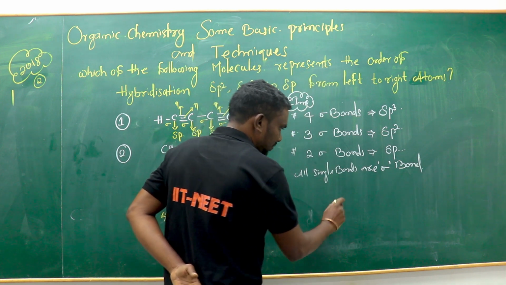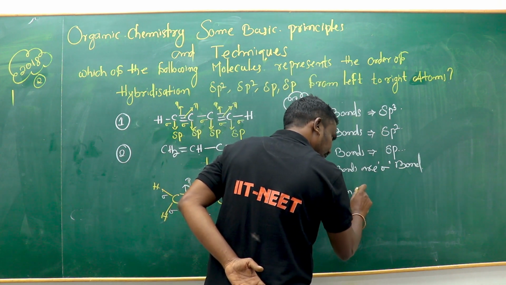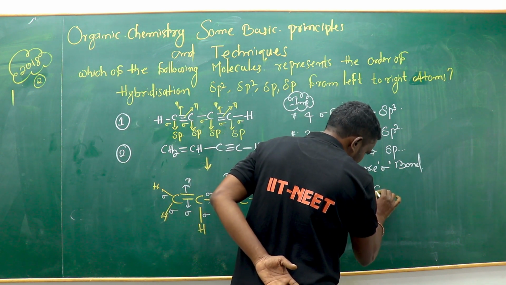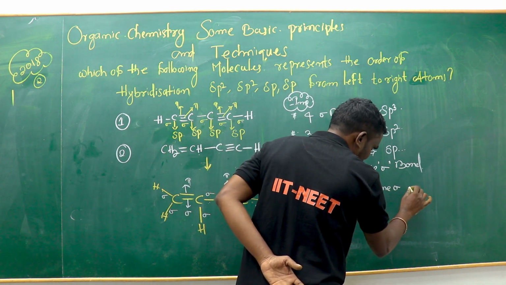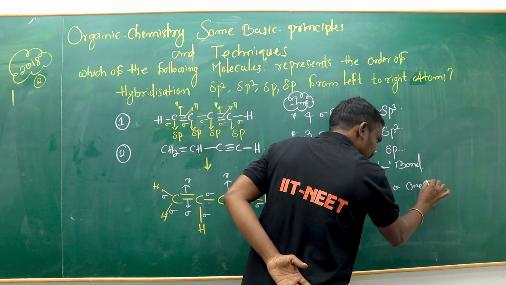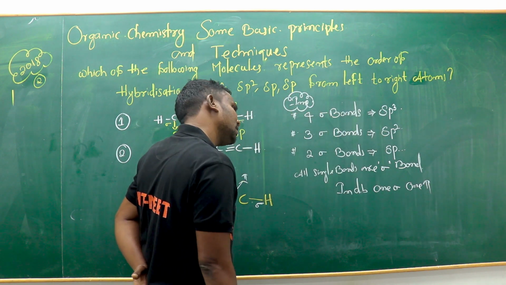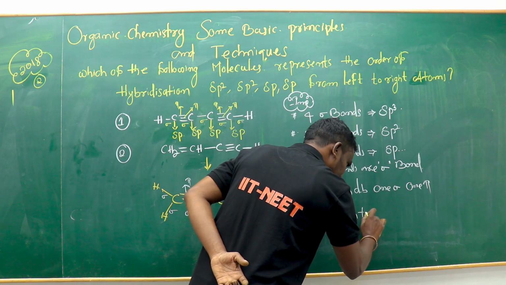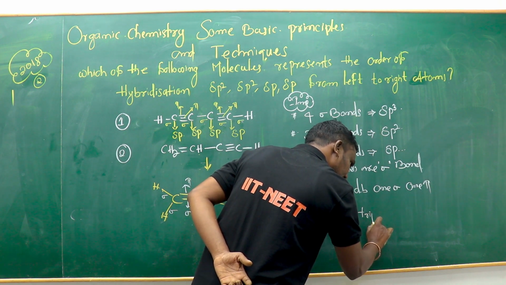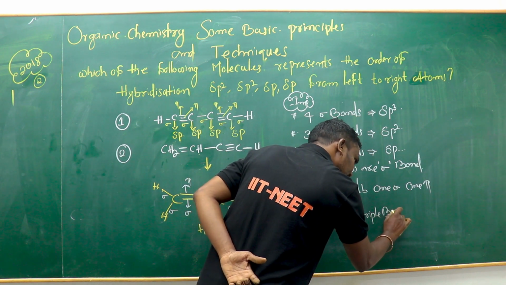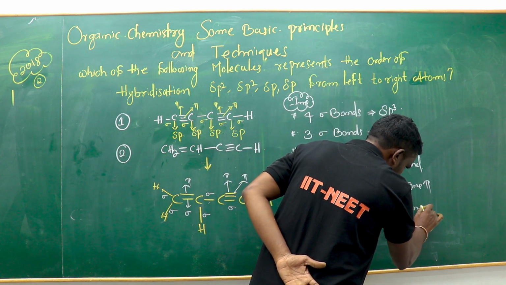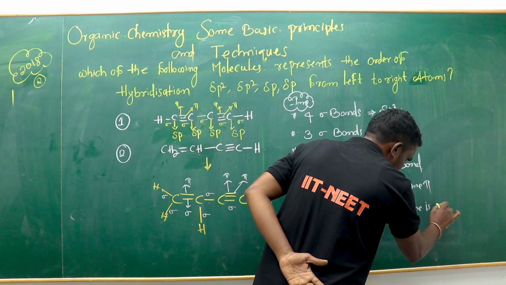In double bond, one is sigma, one is pi, beta ji. In triple bond, one is sigma bond.